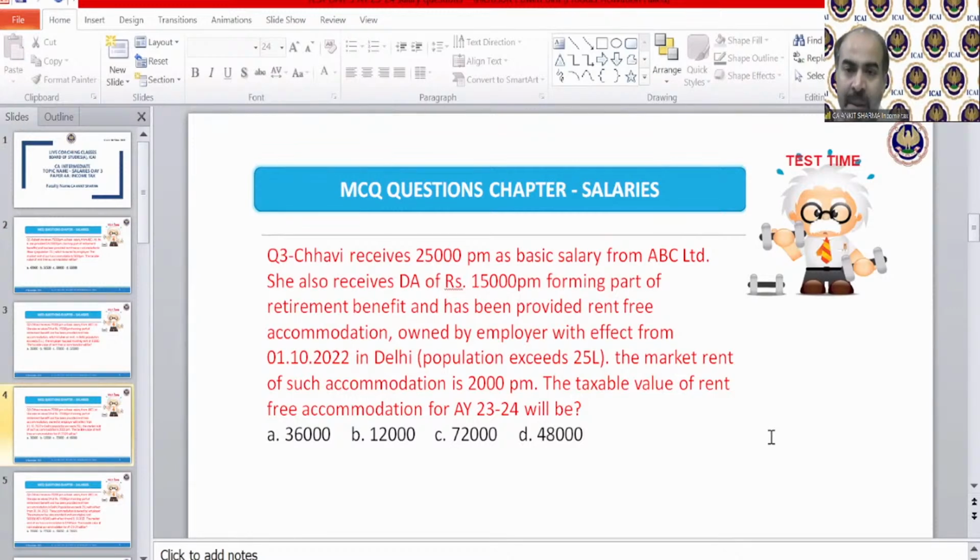In this case, house owned by employer, population exceeding 25 lakh, we will take 15% of salary, and that is only for 6 months, because house has been provided from 1st October: October, November, December, January, February, March. What will be the correct answer? Kindly send me fast.